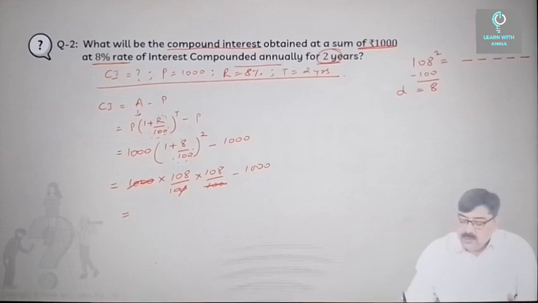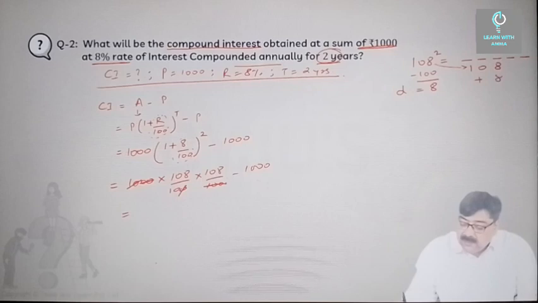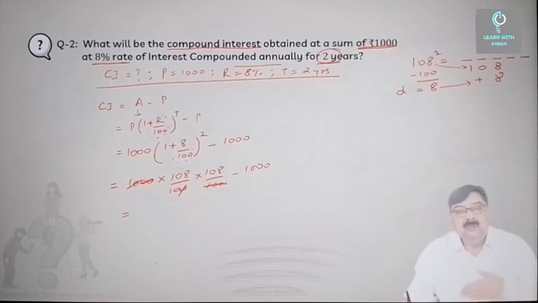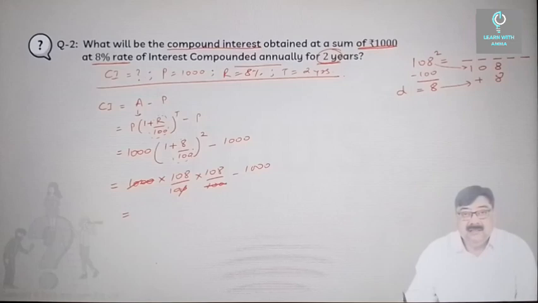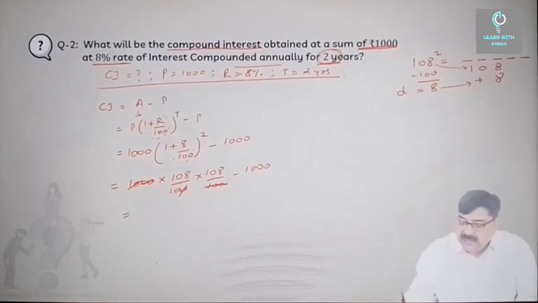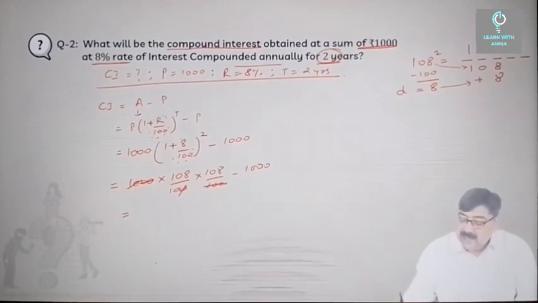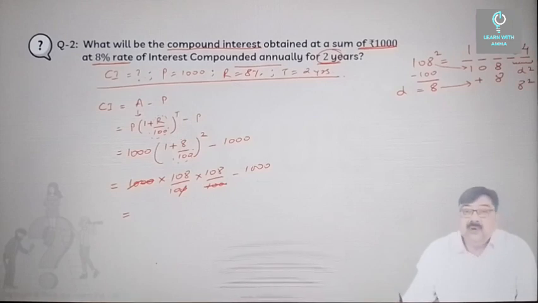For the first 3 digits, you take the number for which you have to find the square, and you add the difference back to it. The difference from 100, how much greater 108 is from 100, is 8. So 108 plus 8, that is 116. And for the last 2 digits, you take the square of this difference, that is 8 square. How much is 8 square? That is 64.